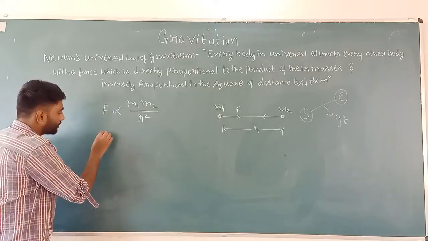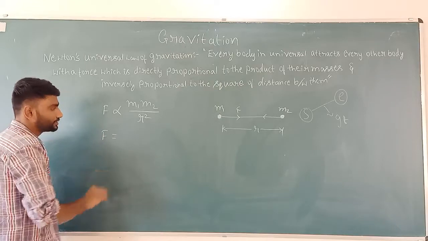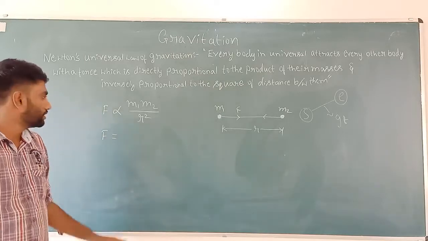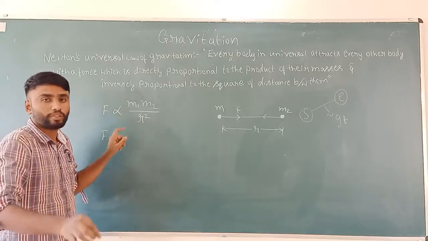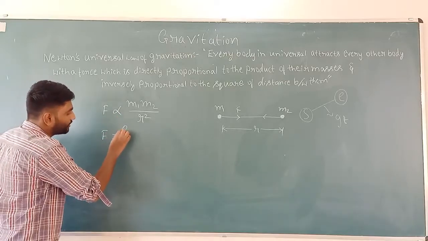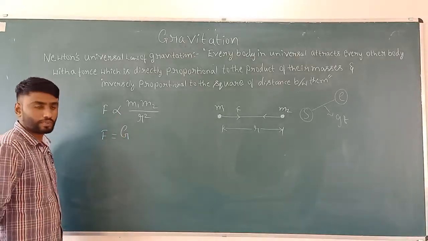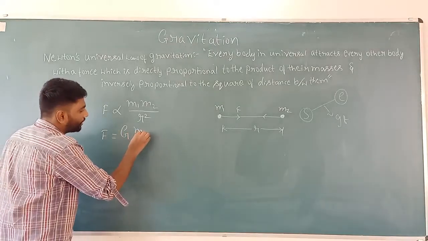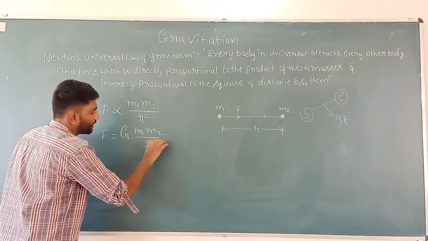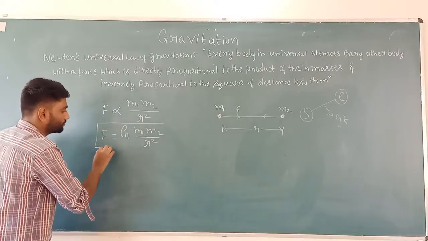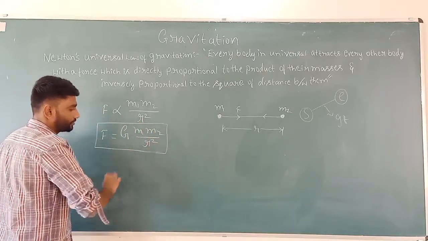So next, F equals, there is a constant of proportionality, the gravitational constant G, times the masses m1, m2 by r square.